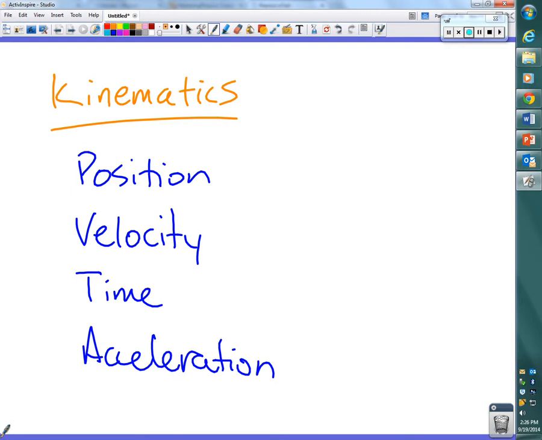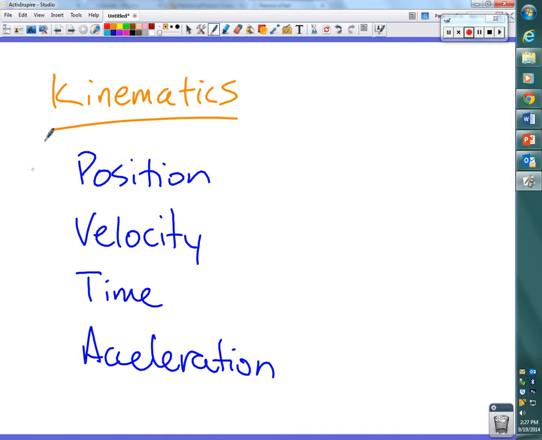But as we look a little bit more closely about how we define velocity, how we define position, how we define acceleration, we find out that certain relationships start or continue to show up between position, velocity, acceleration, and time that we can use regardless of how big the acceleration is or how big the velocity is, but all four of these things are related because we use certain ones to define other ones.